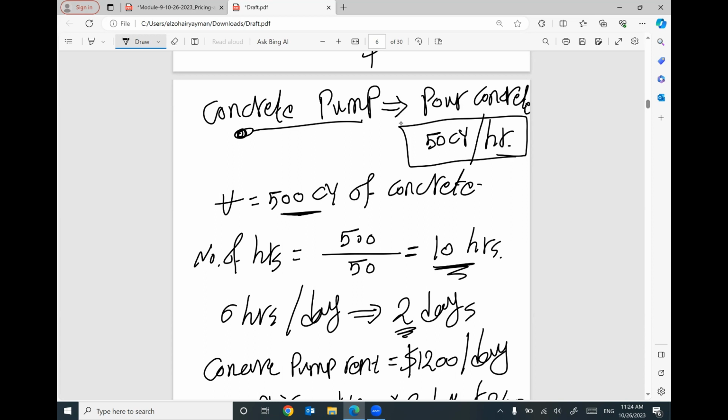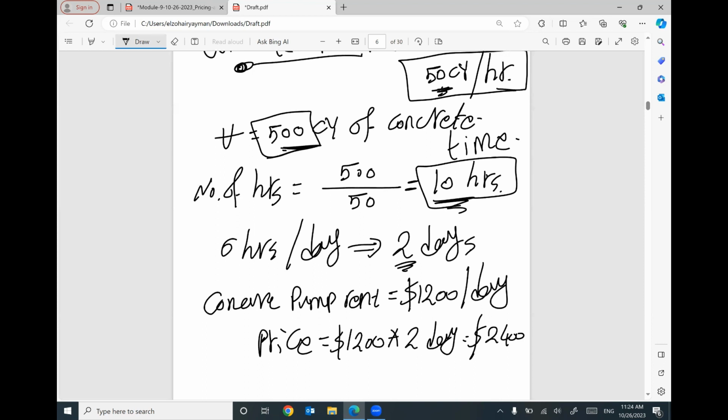Then your task is, what is the productivity rate of this equipment? How much total quantity takeoff? If you divide this one by this one, you can figure out the time needed to accomplish your task. This time and this rate or price will give you the final cost of your equipment.